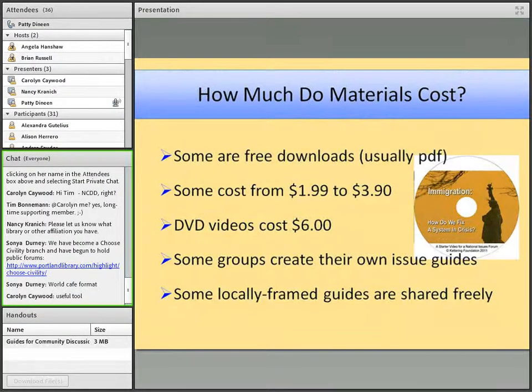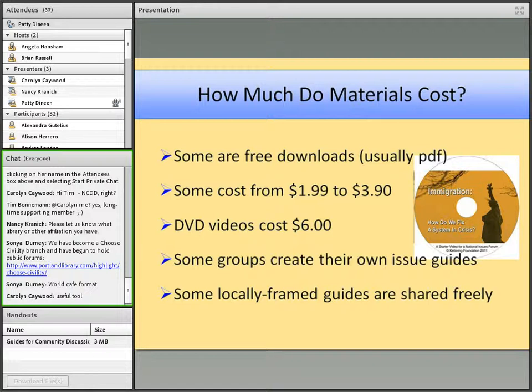So cost of materials is often a consideration when you're trying to decide what you want to use. Some of these are free downloads, usually in a PDF format. I think all of the materials in that category, I said other local and national issue guides, I think those are all freely available. Sometimes the one issue that's been selected to be used in a national project for making a national report is available for free for that year.